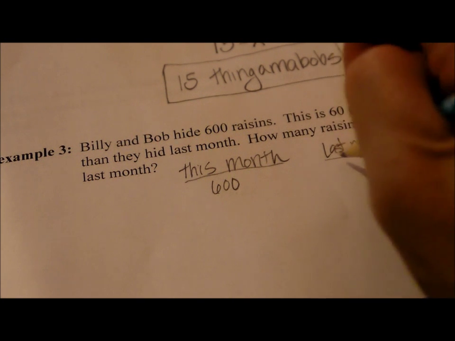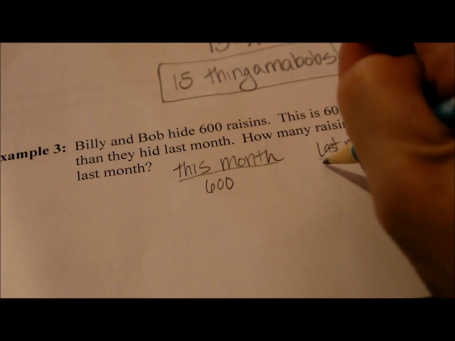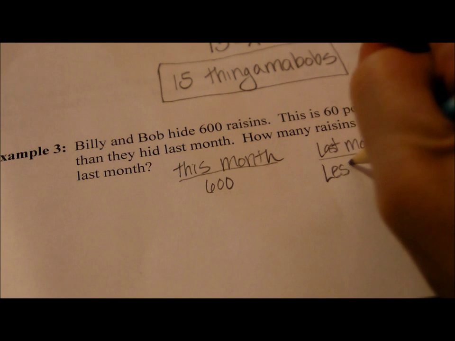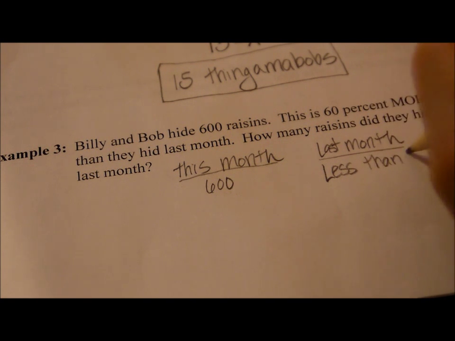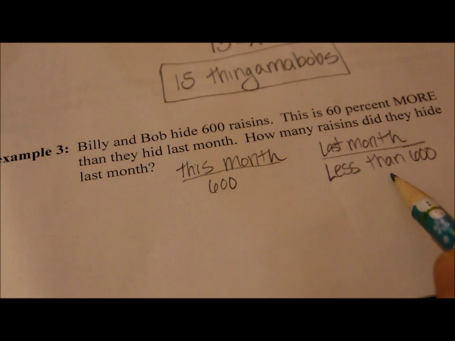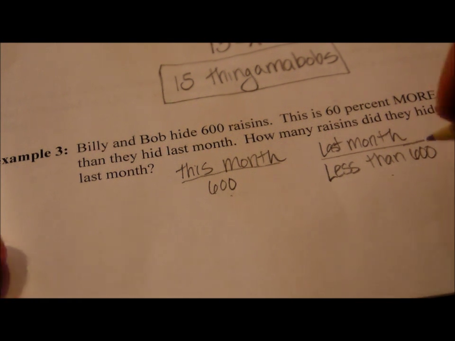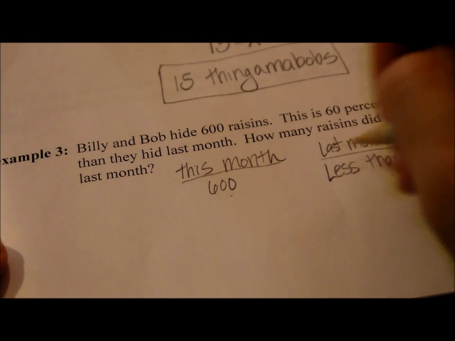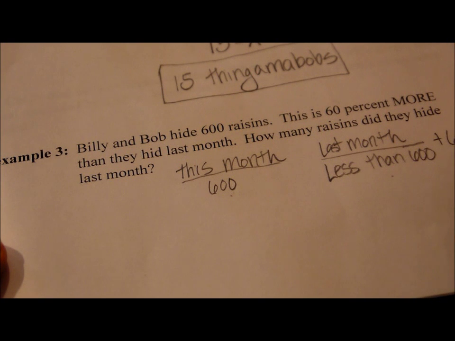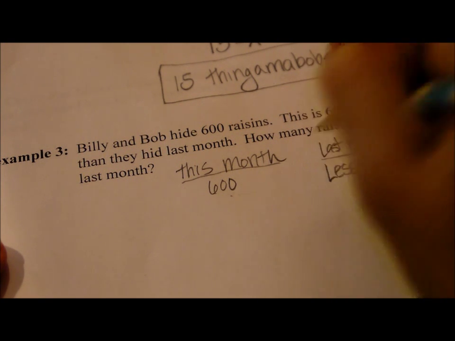So last month was less than 600, okay? So they increased. Last month it was less than 600, now they're at 600, and they increased by 60%. So if we do last month plus 60%, we're going to have this month.